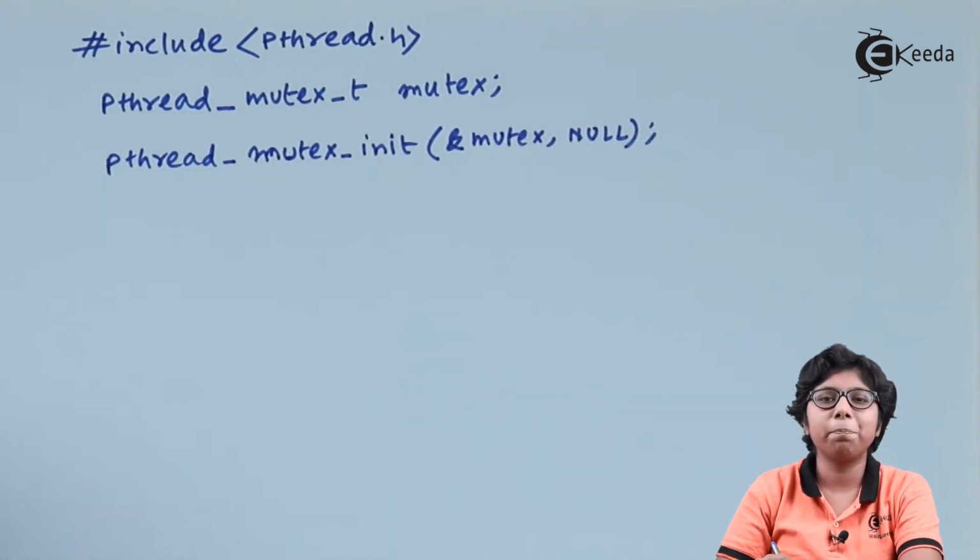Now we are calling the pthread_mutex_init function to create the mutex object, passing a pointer to the mutex variable and NULL.